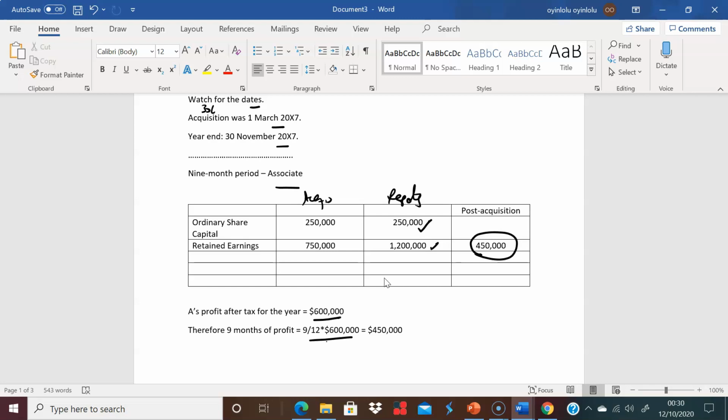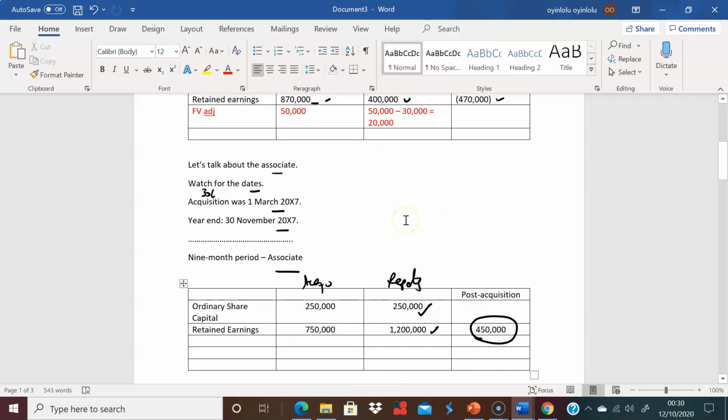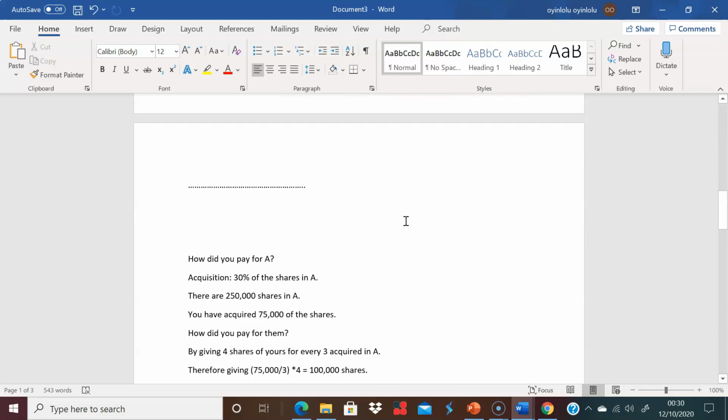So you can take your time to digest this and understand exactly what's going on. You didn't even have to do it. You could just have recognized that that's a scenario, that you only need 9/12 of that. Okay, right, that's that.